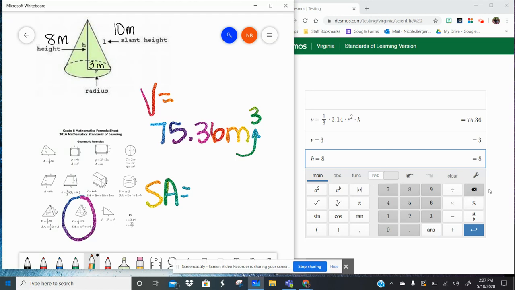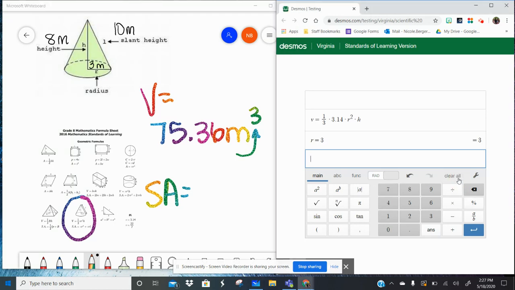And then the last thing we're going to do is surface area. Again, you're just typing in the formula. Because that's separated by that plus sign, I like to keep it in parentheses: 3.14 r squared plus parentheses 3.14 r l. Boom.